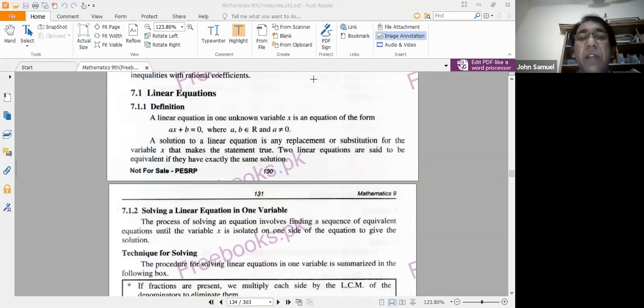And remember, very important thing, a will not be equal to 0. Once again, a linear equation in one unknown variable is x, is an equation of form ax plus b is equal to 0. A, b belongs to rational number and a is not equal to 0.